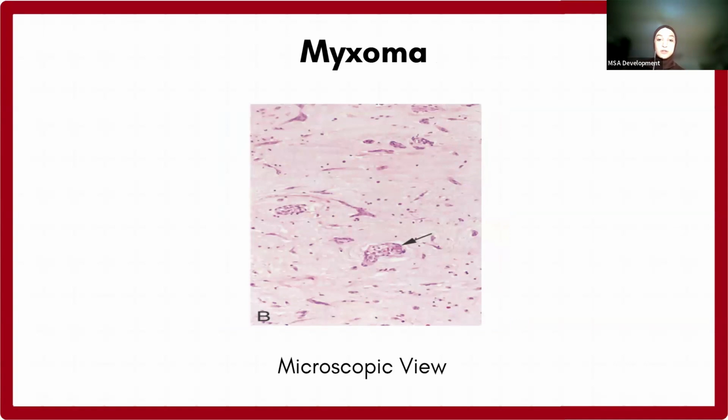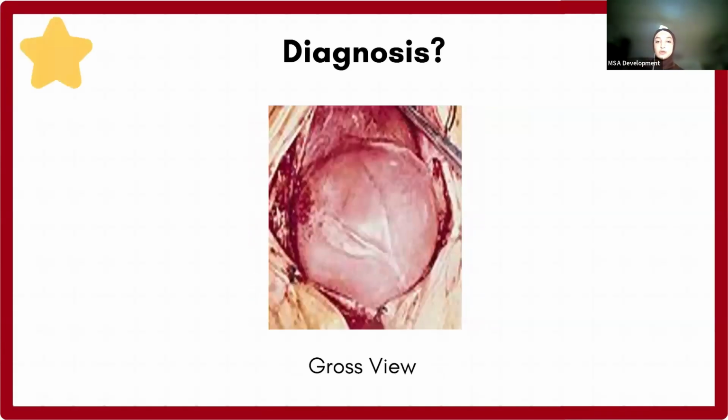Now, under histology, you have two main findings. You have mucopolysaccharide ground substance, which is essentially the background. It has a lot of mucopolysaccharides, which is why it's light pink. And you have stellate cells. These are the stellate cells. These two. Now, that's all you need to know.